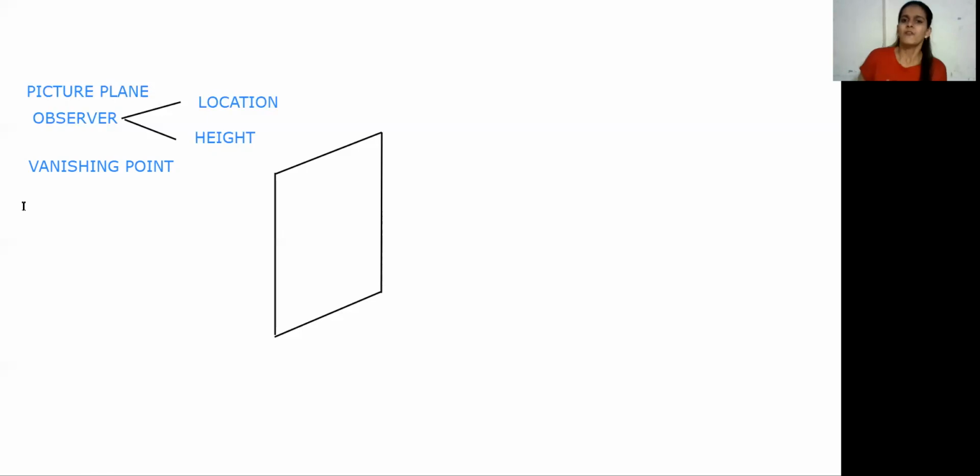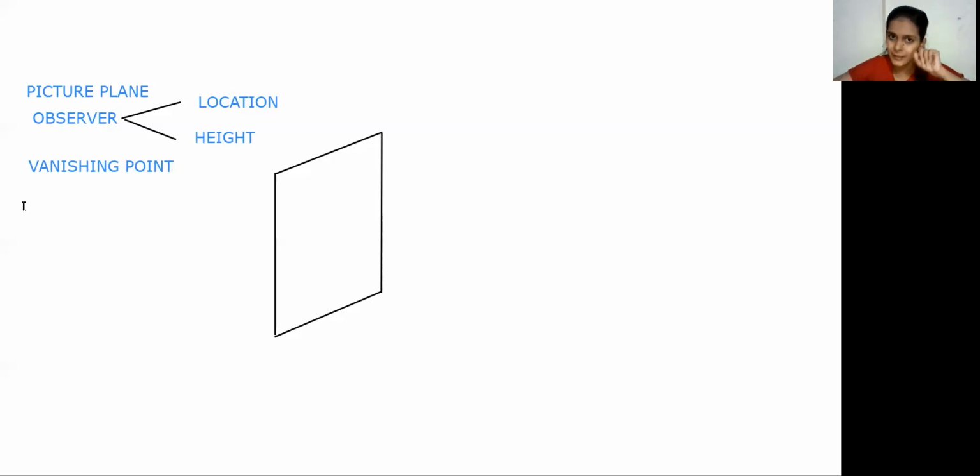Now, what does parallel line mean? That means these lines are never going to meet. Never going to meet. But in a perspective view, it looks like they are going to meet. The lines are actually parallel, but in perspective view, they appear like a set of non-parallel lines and they merge at a point.